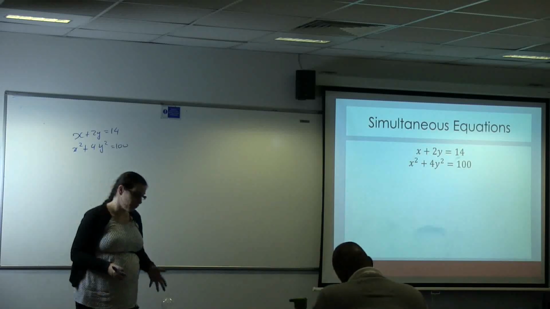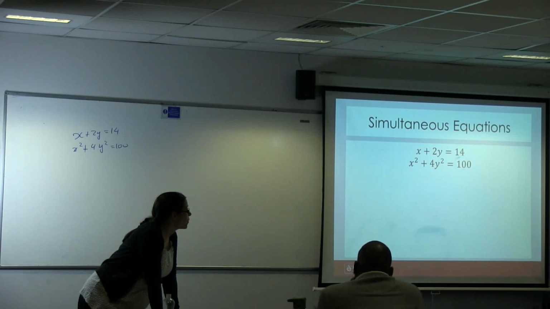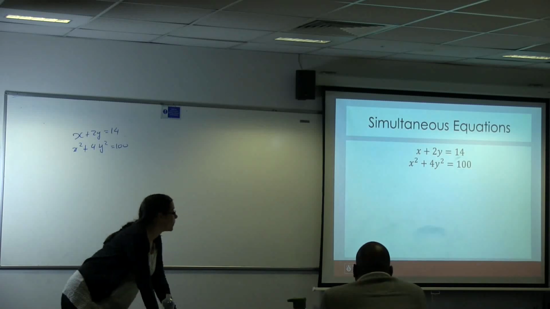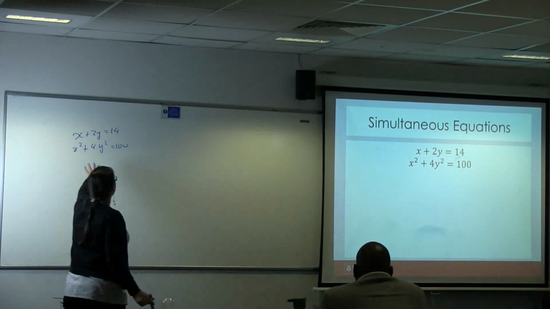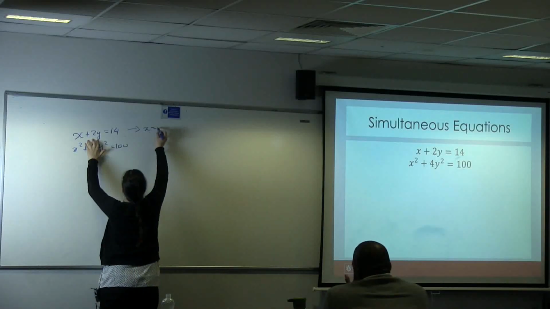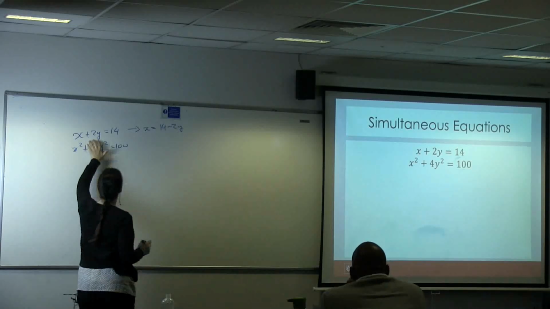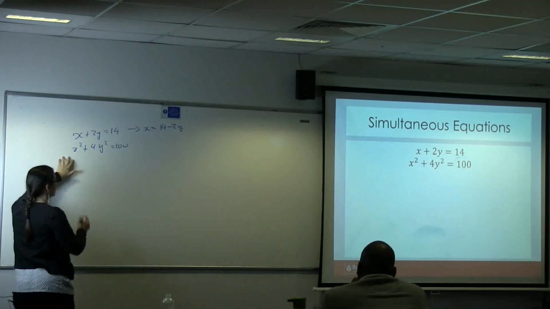Again, unfortunately, I cannot just add or subtract the two equations together because I would still have the linear terms. So again, have to go with the substitution method. Easier to pick up the first equation and then say, well, x is equal to 14 minus 2y. And I can just substitute it back into the second.